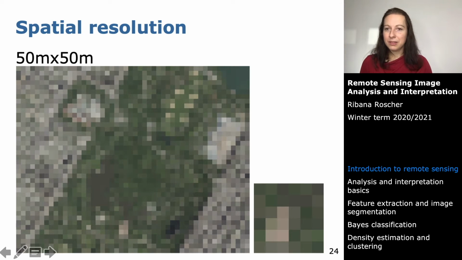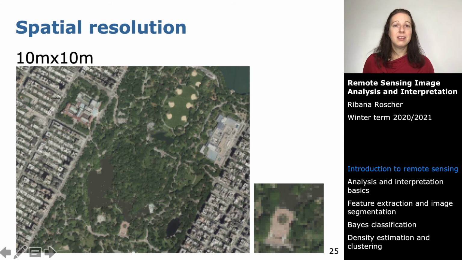But you see, you cannot identify single buildings or persons or cars, so no worries that everybody could download a photo where you could be seen in the image. 50 times 50 meters, I hope you agree, is okay, but still you cannot see any details in the image. But if you go down to 10 times 10 meters, it looks quite good. And now you can identify, this is Central Park in New York.